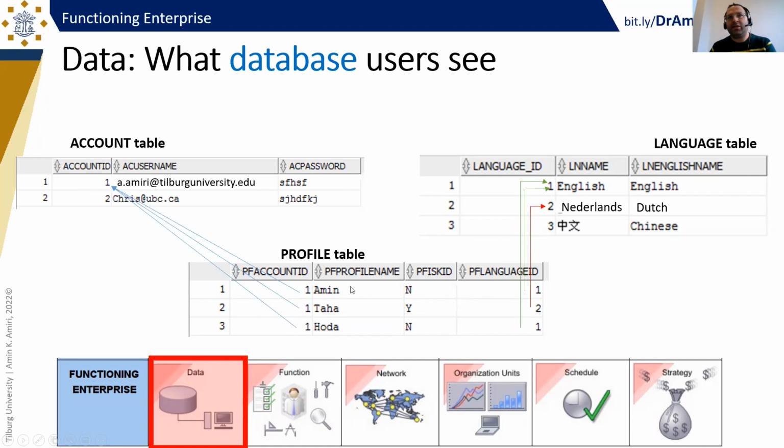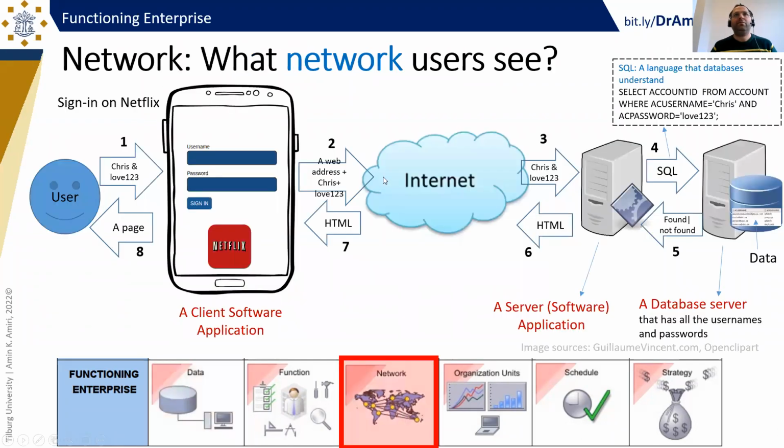And you can see that my wife and I speak English, but my son speaks Dutch. So these 2 here mean 2 in the language ID, and 1 in the language ID is English. And here we say that Amin is not a kid, Hoda is not a kid, but my son Taha is a kid. So this is the view of the database user.